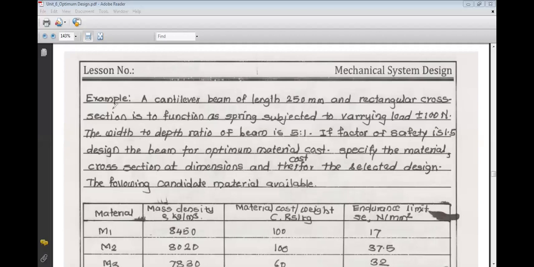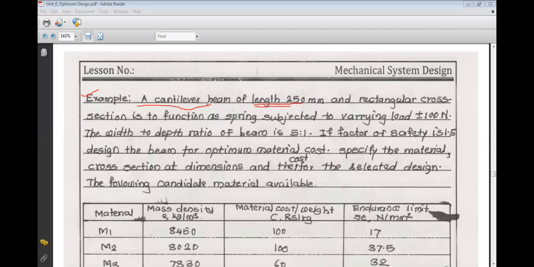In today's lecture, we are going to see the next optimum design of a machine element, that is the cantilever beam. So the problem is a cantilever beam of length 250 mm. The length is our geometrical parameter.